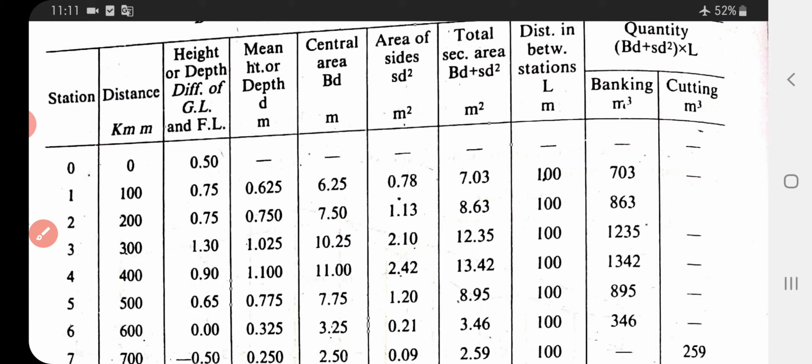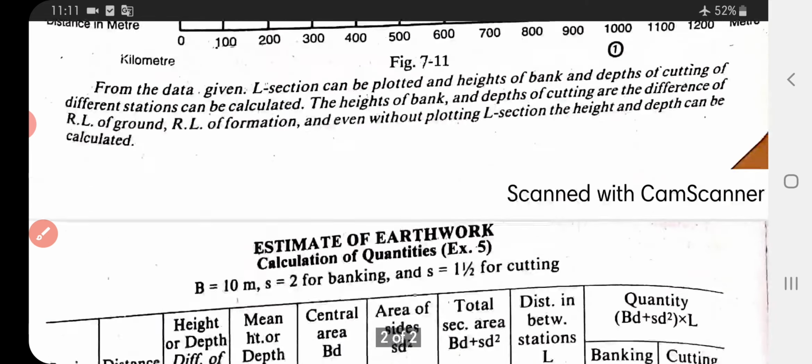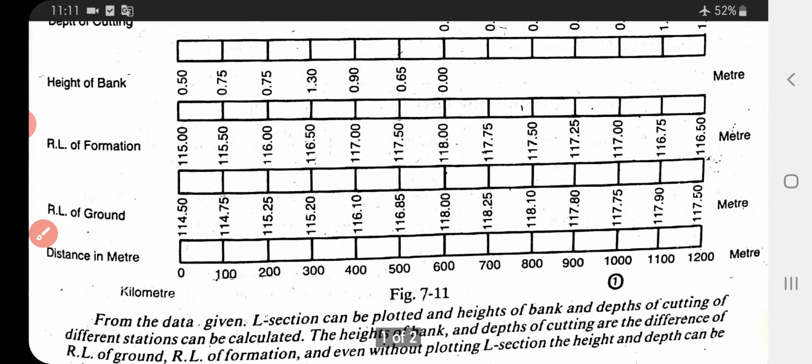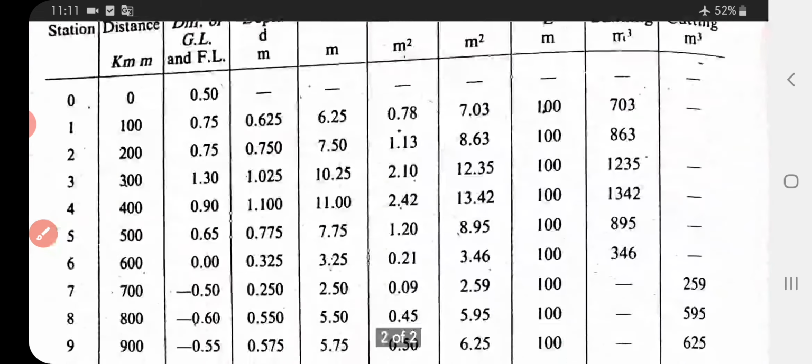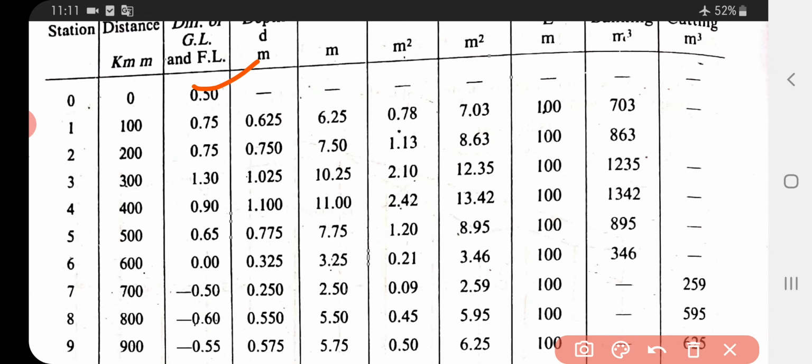Taking the difference, formation level 115 minus ground level 114.50, you get the value of your first point, 0.50. In the same way, when you subtract the formation level from the ground level, you get the third column.